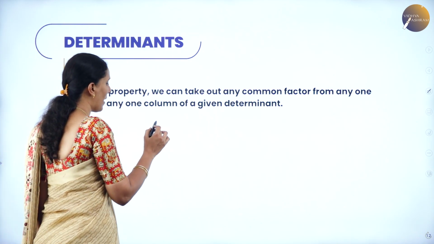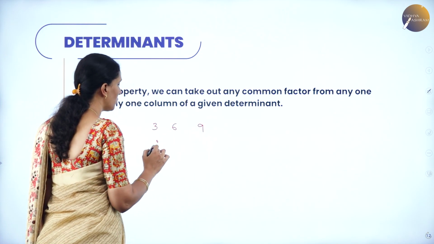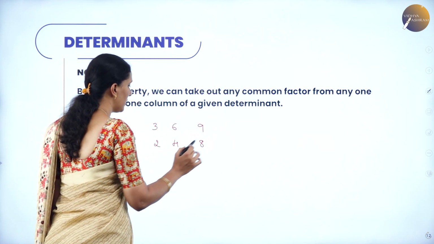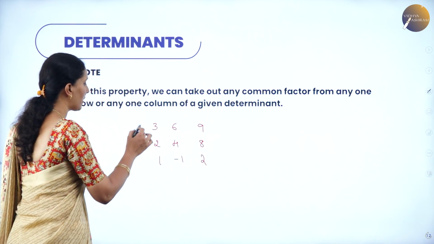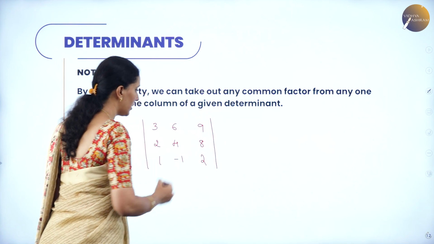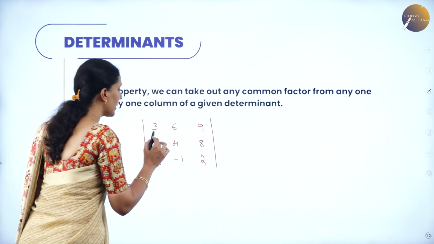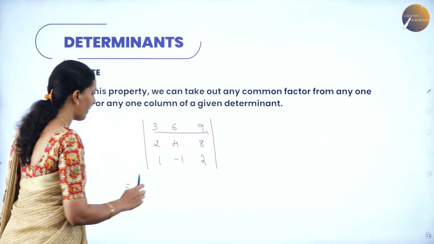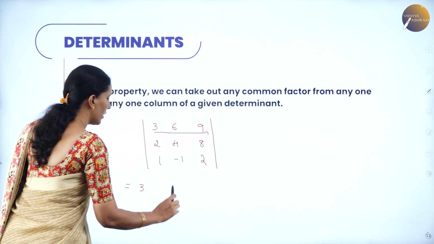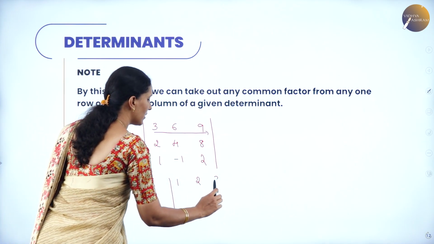Suppose you have a matrix like 3, 6, 9, 2, 4, 8, 1, minus 1, 2. Now you need to find the value of the determinant. Instead of calculating directly, you can clearly see in the first row 3 is the common factor. Take out 3 as a common factor. Then 3 1s are 3, 3 2s are 6, 3 3s are 9.